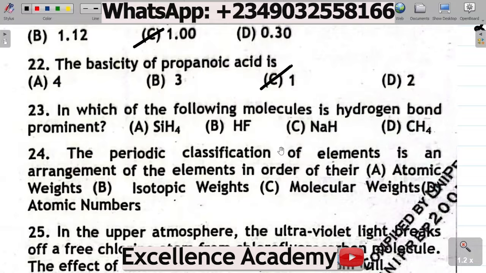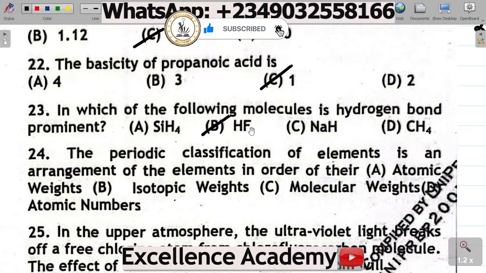For this question, the correct answer is B, that's hydrogen fluoride. You want to note that the strongest hydrogen bond is the hydrogen bond in hydrogen fluoride. This is because the strength of hydrogen bond decreases down the group of the halogens. The strongest hydrogen bond is in the hydrogen fluoride. So the correct answer is B, hydrogen fluoride.